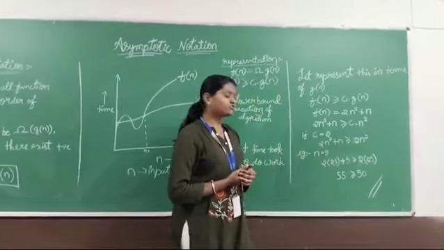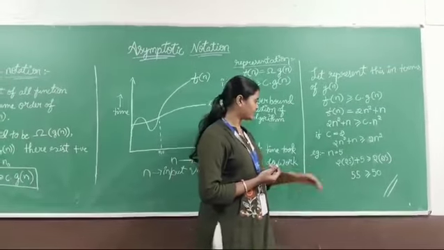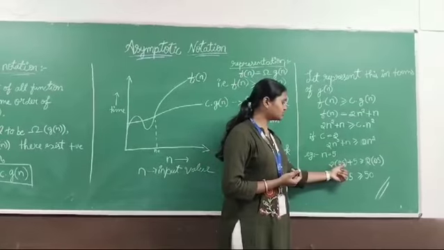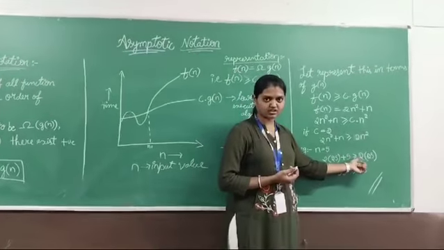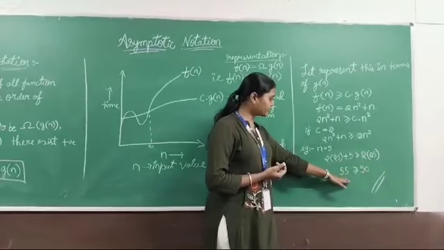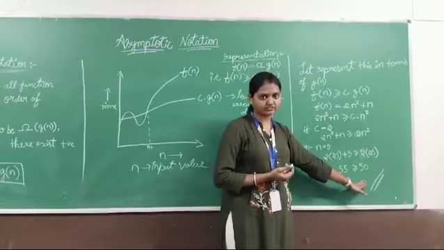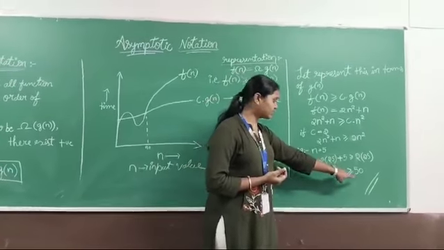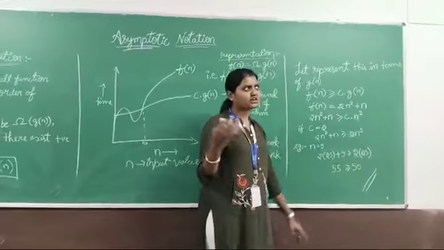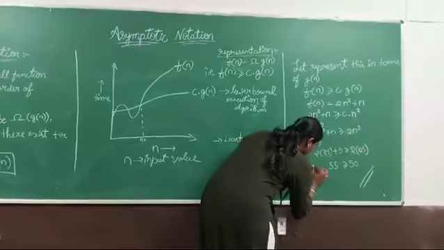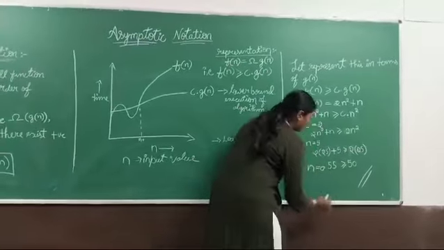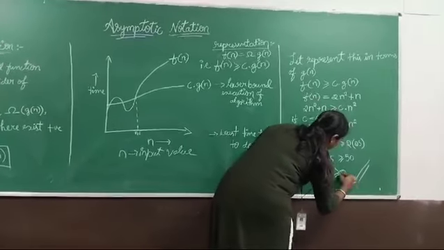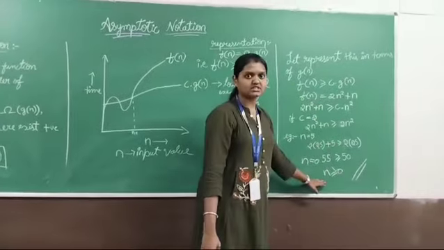For example, if the n value is 5, then by substituting this n value into the equation, we get 2 into 25 plus 5 greater than or equal to 2 into 25, which means 55 is greater than or equal to 50. This shows that the function f of n must be greater than or equal to c into g of n. If you consider the n value as 0, then n must be greater than or equal to 0.